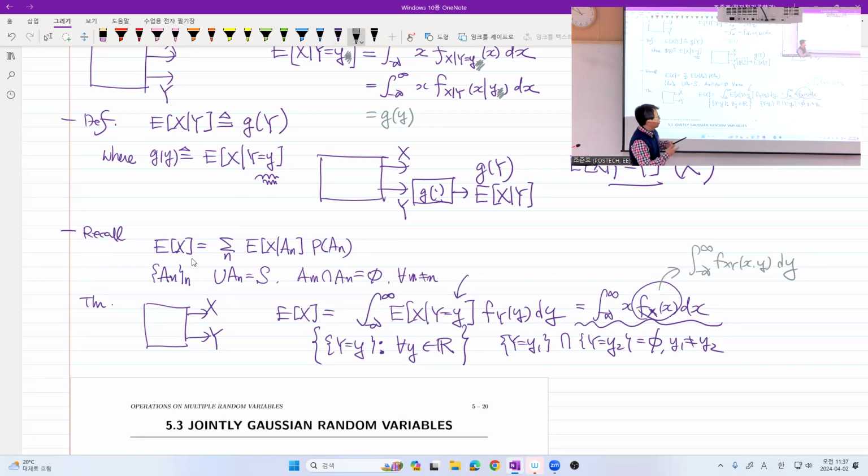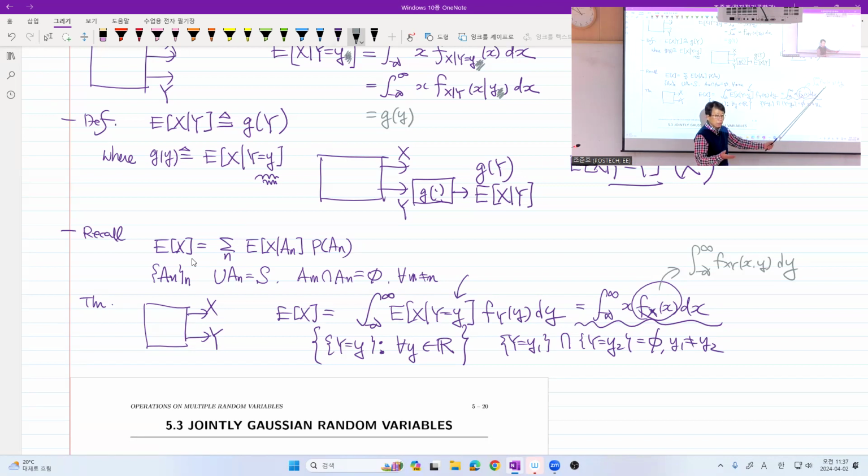Now you substitute this integral here, and then what do you want to do? You want to apply the chain rule. What is that? This is simply the unconditional density of y times the conditional density of x given y.